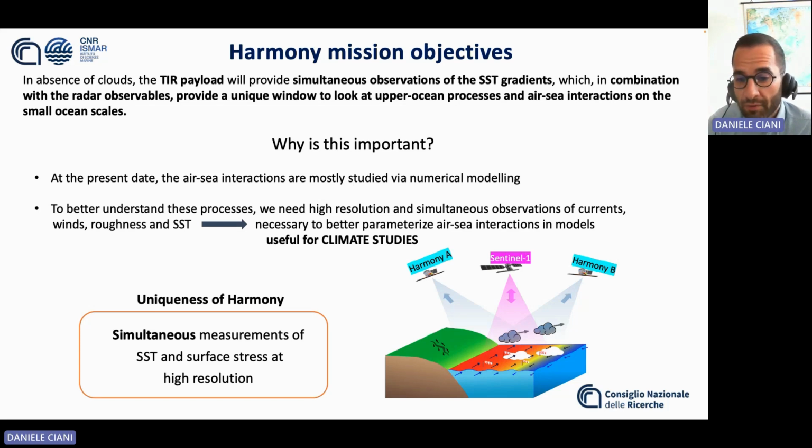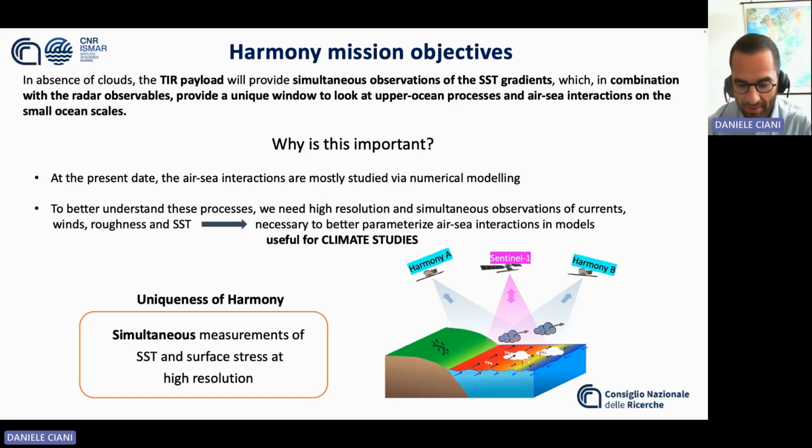And this is very useful for climate studies because it will enable us to better understand and parameterize all processes that regulate air-sea interaction and that have a clear signature in both quantities that can be observed via radar observables and via thermal infrared payloads.